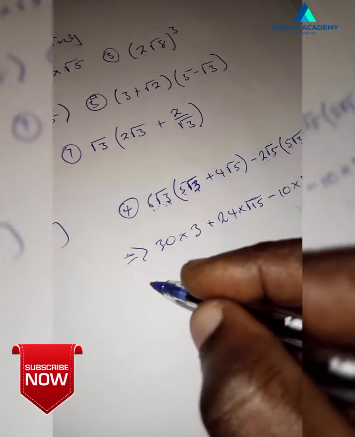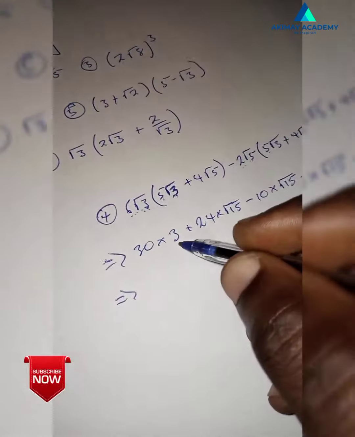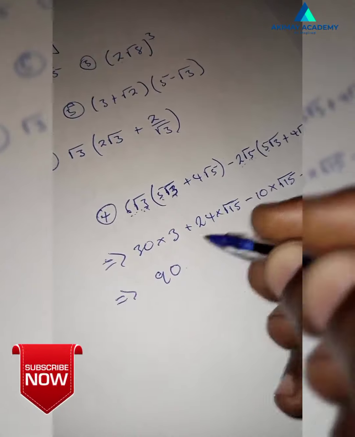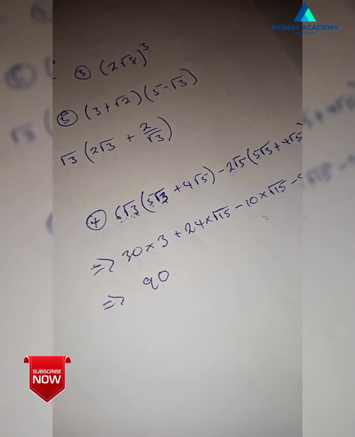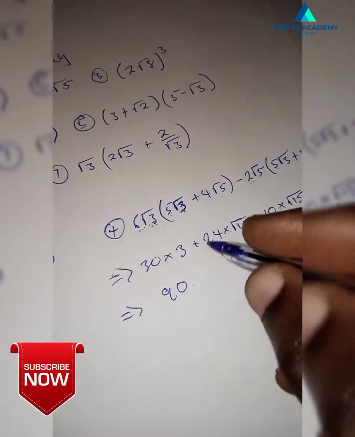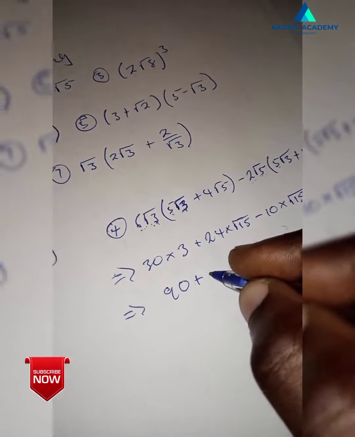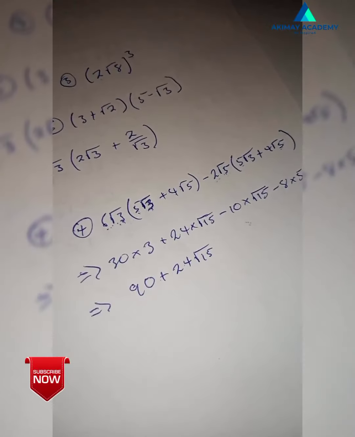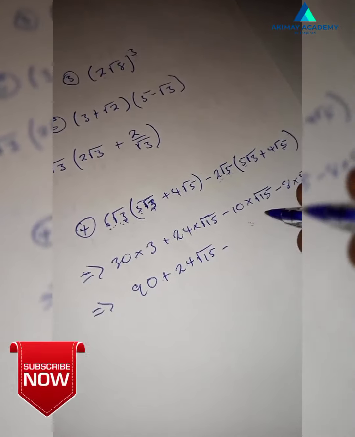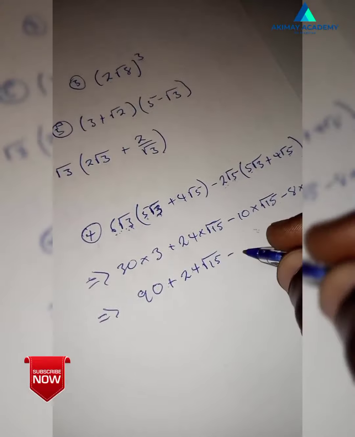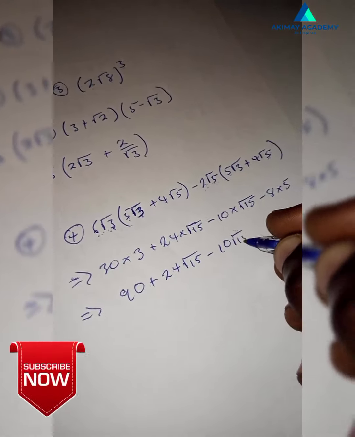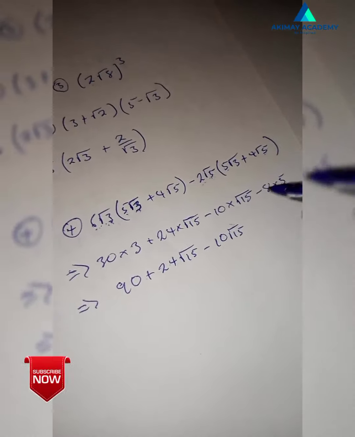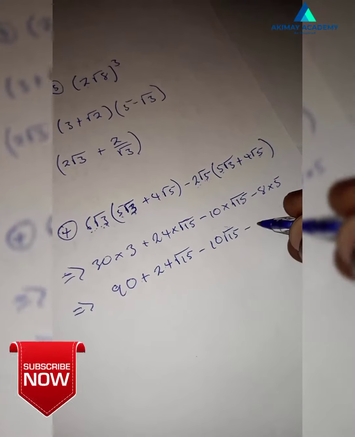We can simplify. So we have 30 times 3, which should give us 90. Now here we have 24, so we have plus 24 root 15 minus, so here 10 times root 15, you have 10 root 15. Then here you have minus 40.